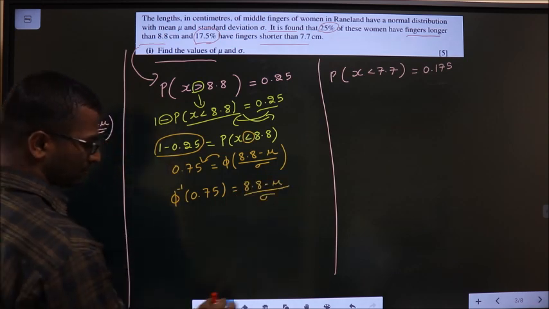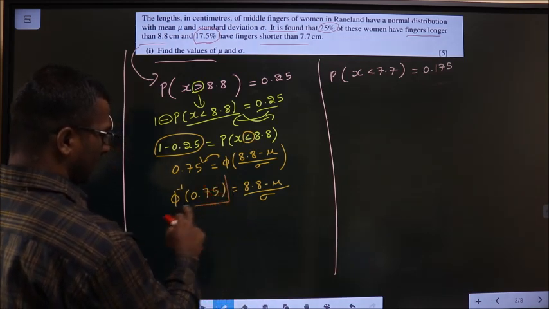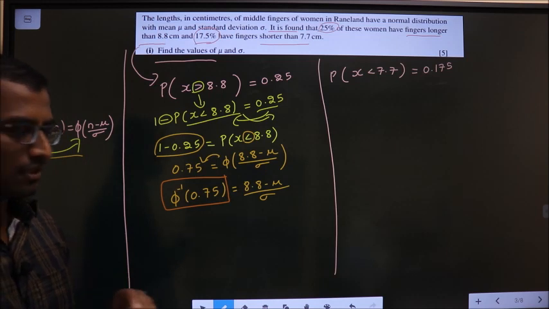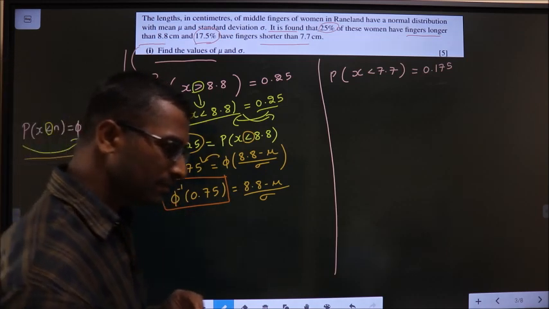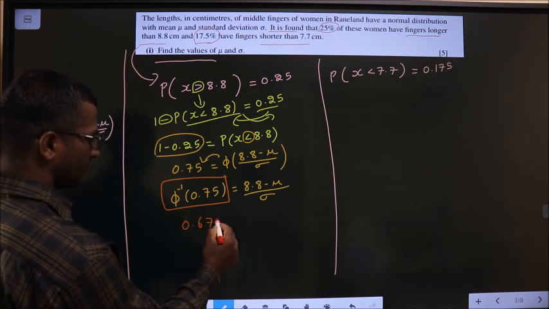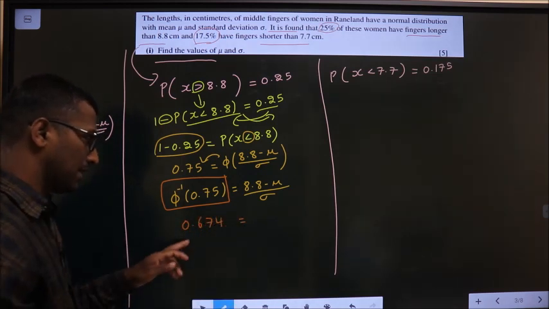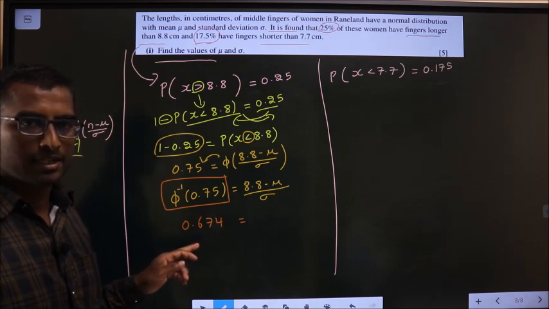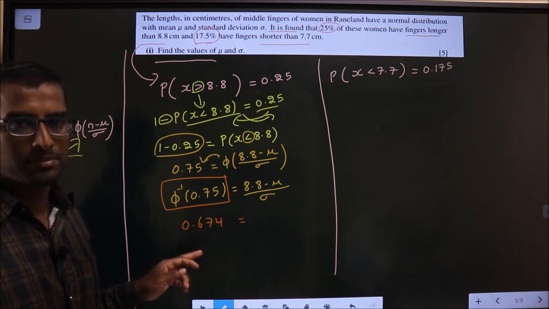Okay, now this value you will get from the normal distribution table, and you should get it to be 0.674. If any doubts in using the normal distribution table, look at the playlist given in the description.